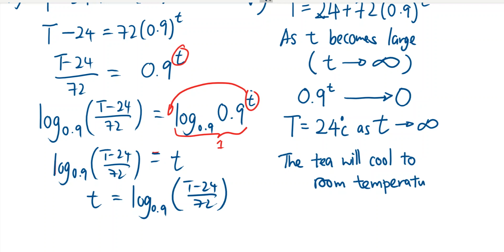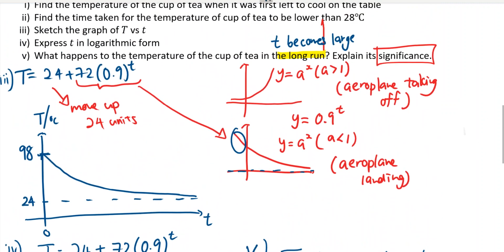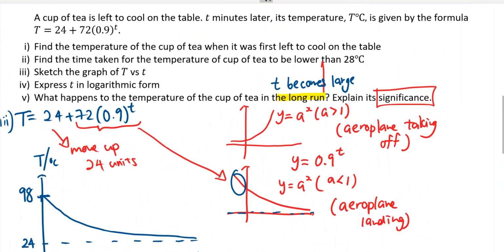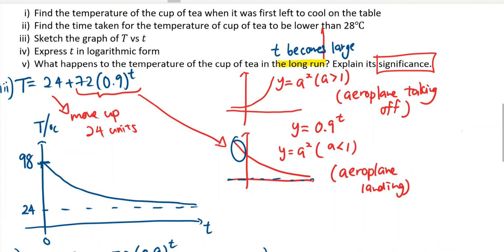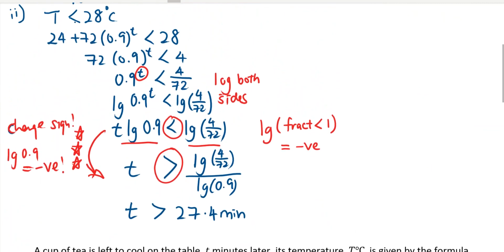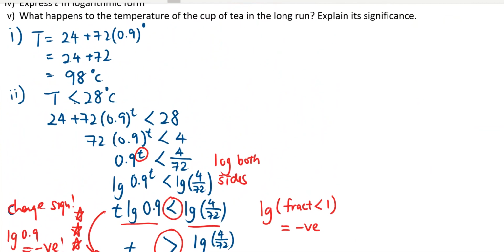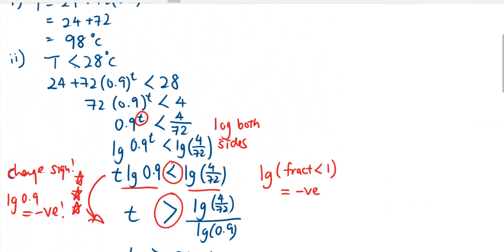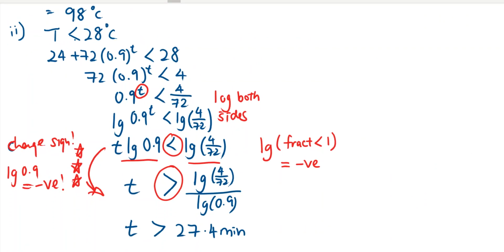No matter how long you leave your tea outside, the temperature that it can only reach is room temperature, and that is what the whole question wants. So at the start, it's about substitution, seeing whether you can put in a value of t to the power 0 to find the temperature. There is this inequality part.